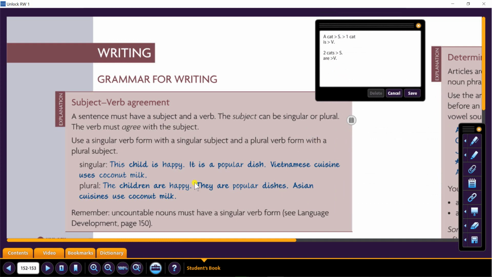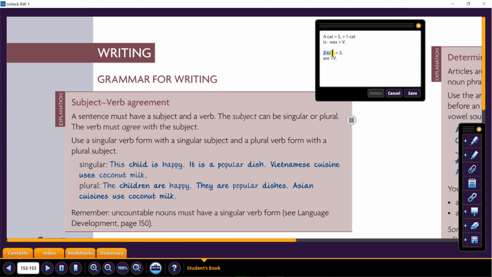Well, to make things easier on you during exams, you need to focus on the subject. Okay? If the subject is singular, then you need to put the verb in a singular form, is, or you can say was.